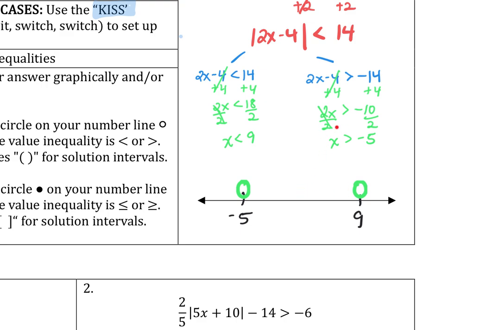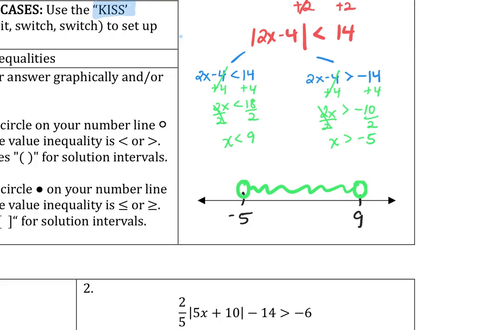But x is greater than negative 5. So that would be to the right. So when you graph this, your solutions would be anything in between that negative 5 and the 9. Once again, because it's less than 9, but greater than the negative 5.